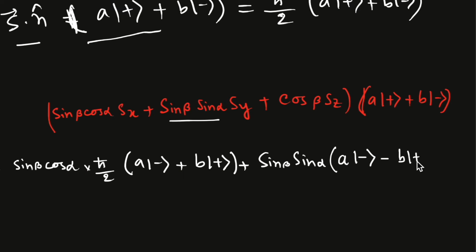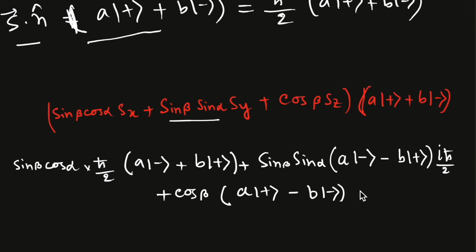And the last term is trivial, it will give cos beta times a plus minus b minus times h cut by 2.